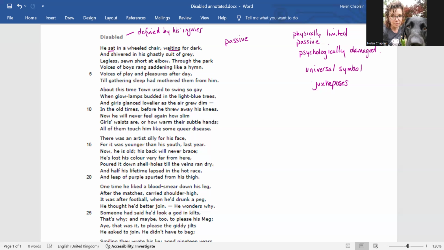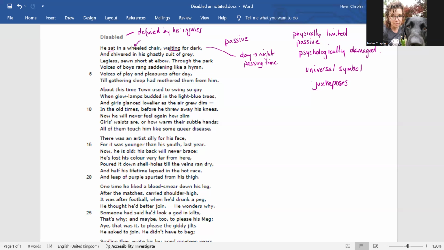That's passive as in not active. We have the immediate thing that his mobility is compromised, and the dark that he's waiting for may be the day into night. So all he can do is wait for the passing of time. His days have moved one into another.